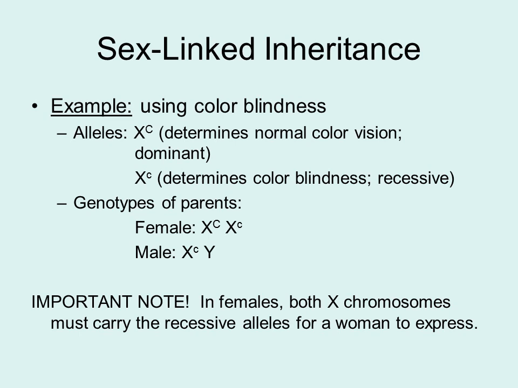They would have normal vision. They could be, as shown here, an X^C, X^c. That female would have normal vision, but she is a carrier. She could pass to her offspring that color blindness gene. The only way a female can be colorblind is if both of the X's would have a lowercase c on it.